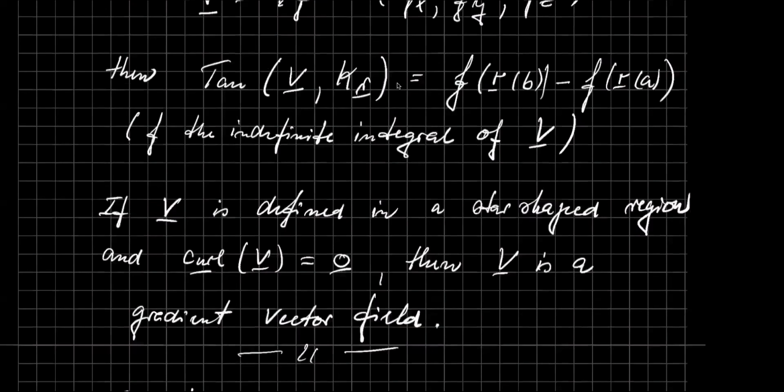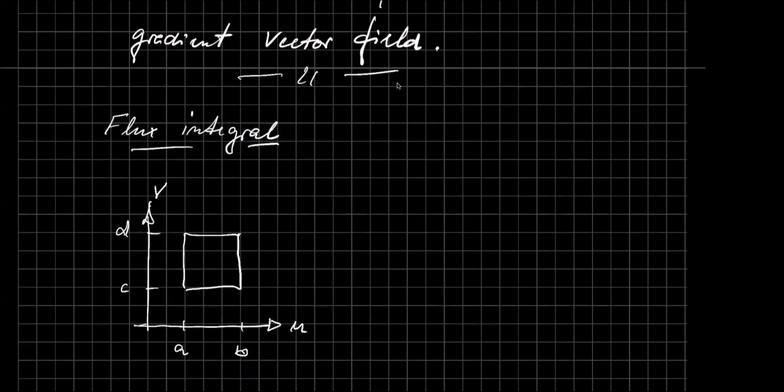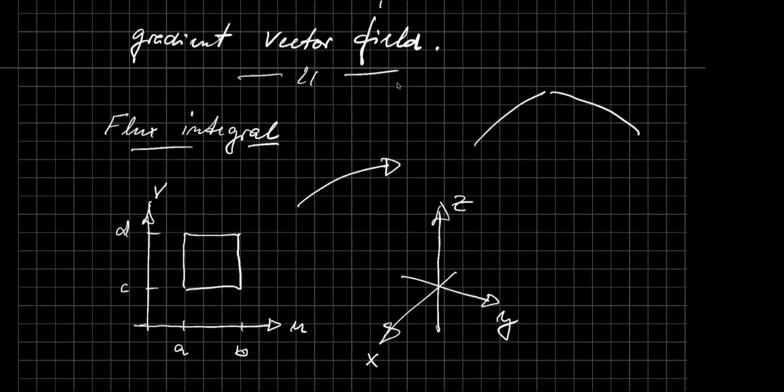But this is mapped onto a surface. So in 3 space, I have my coordinate system, x, y, and z. And then I have a surface, say, like this.